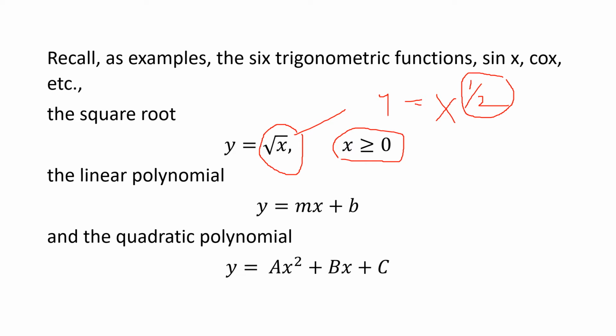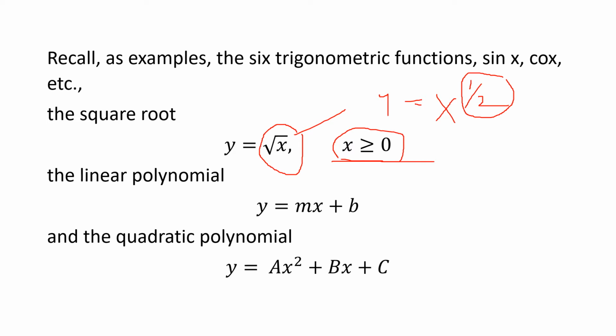There is no y value that will be mapped on that negative number. That's why it is important that we satisfy this condition when dealing with this square root sign, because x should be greater than or equal to 0 for us to provide a value of y.